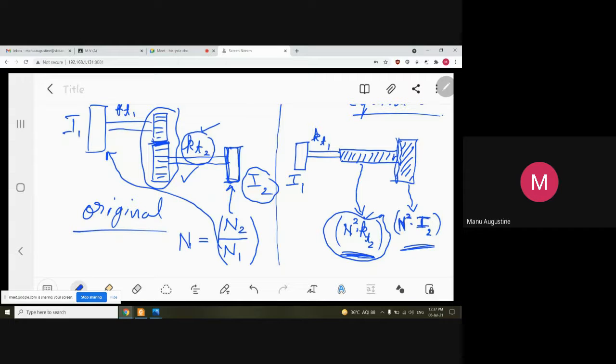So once again, to be precise, the kt2 shaft is replaced by an equivalent shaft having stiffness n square kt2. The I2 rotor having inertia I2 is replaced by an equivalent rotor having inertia n square times I2.